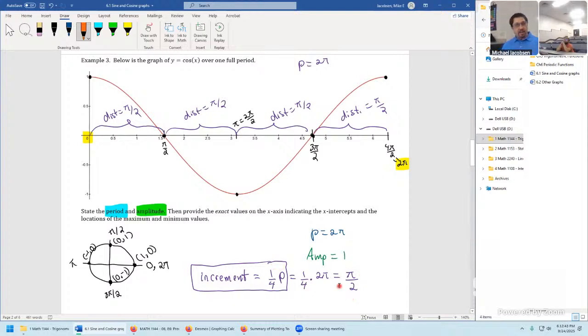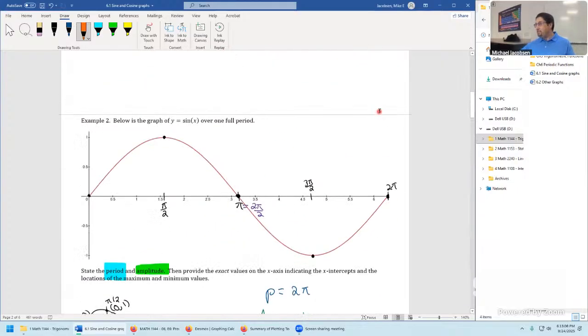And so I think the better way to answer your question is because cosine and sine have either a max or intercept at the start, then 1/4 into the period, then next is going to be a maximum 2/4 into the period, halfway, then either an x-intercept or a maximum 3/4 into the period, and then again, either a maximum or an intercept.